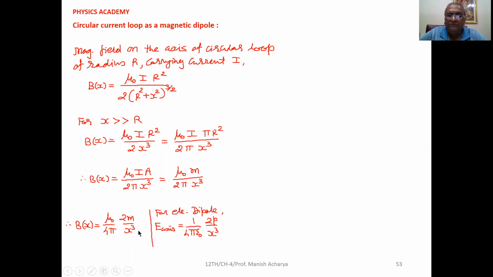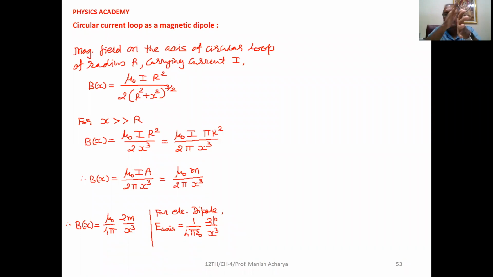Okay, so if we consider the circular current loop as a magnetic dipole, then we can write the equation of the magnetic field at any point on the axis of it, that is this one. So from this analogy, now directly we can write the equation for the magnetic field at any point in the plane of the loop.